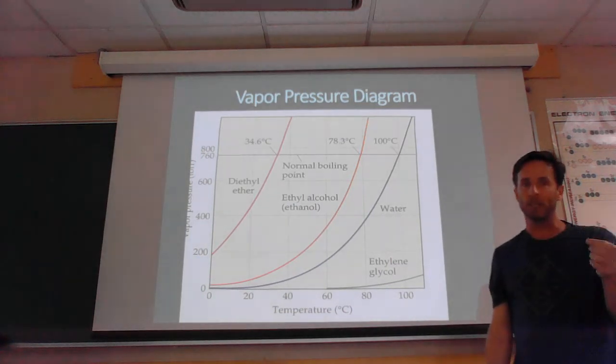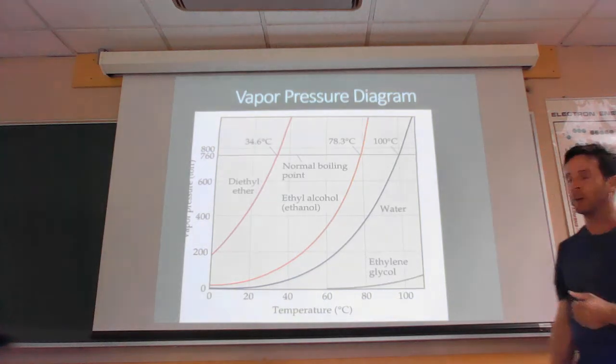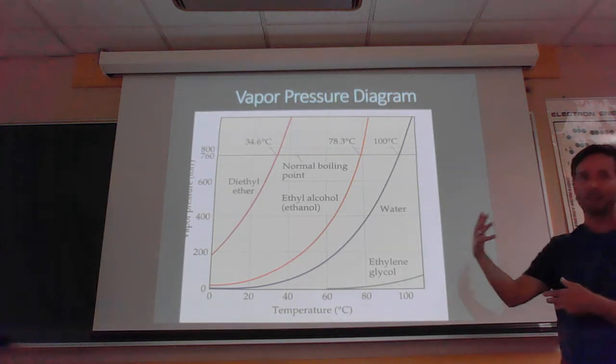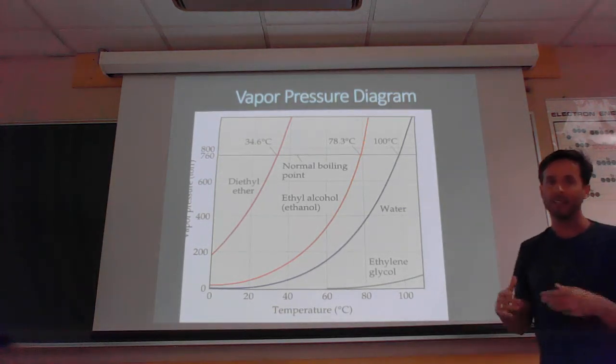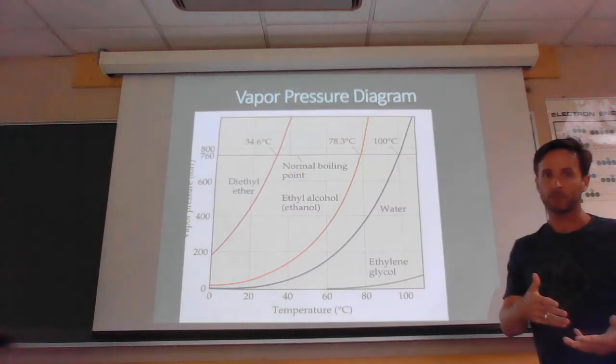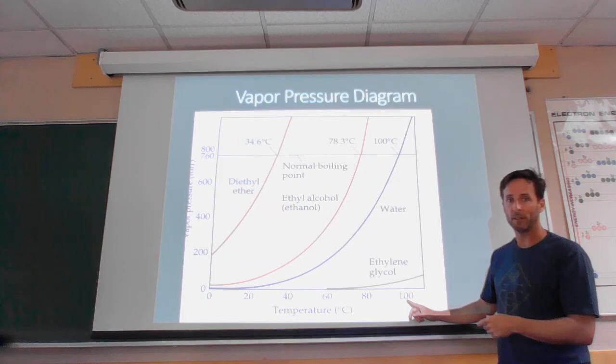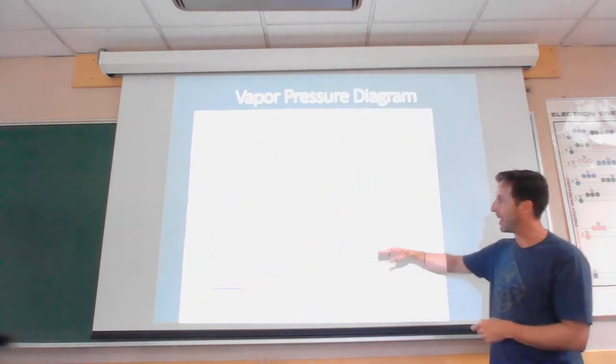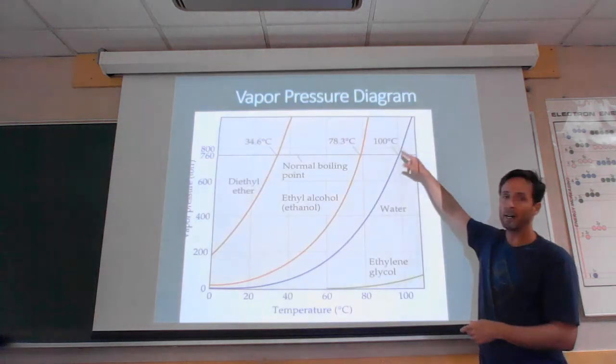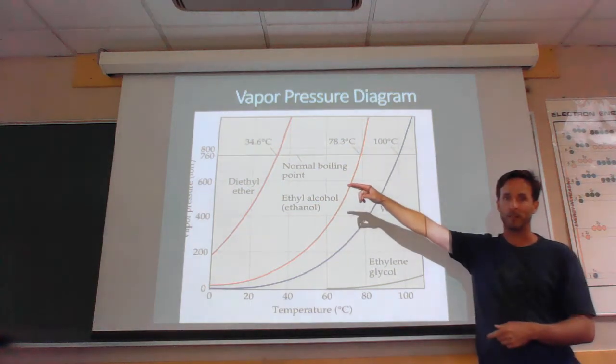And that number should mean something, because in chapter 10, we learned that if a barometer reads 760 millimeters of mercury, that's normal atmospheric pressure. So the definition of the boiling point of a liquid is when the vapor pressure gets to the point where it equals the atmospheric pressure.